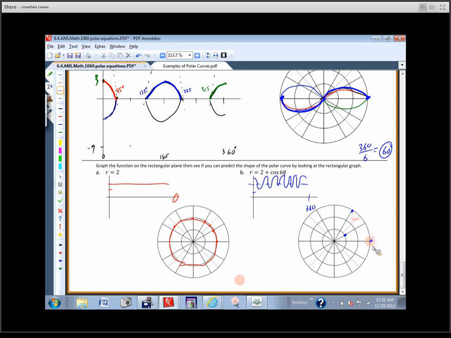So it does this. And then it does it again in the next 60 degrees. So it goes like this. And in the next 60 degrees, it's going to do the same thing, and in the next 60 degrees, the same thing, and same thing. Okay, now that is a really ugly looking snowflake or something like that.